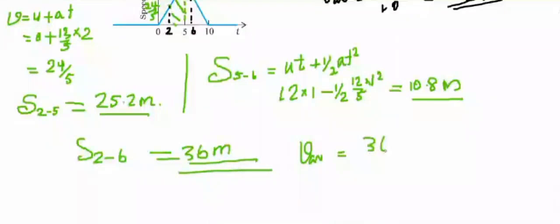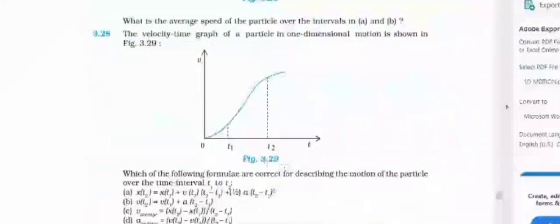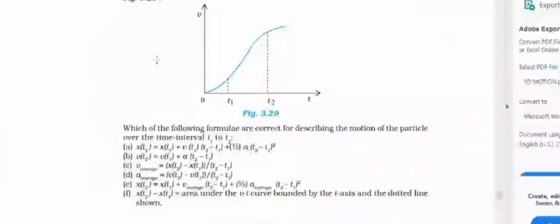Average speed is equal to total distance divided by total time. Total time is 2 to 6, so 4 seconds, and you will get the answer. That's about question 27. Now come to question 28.